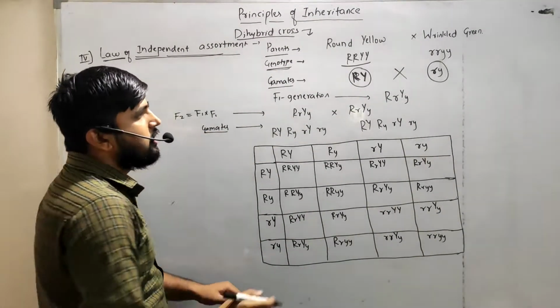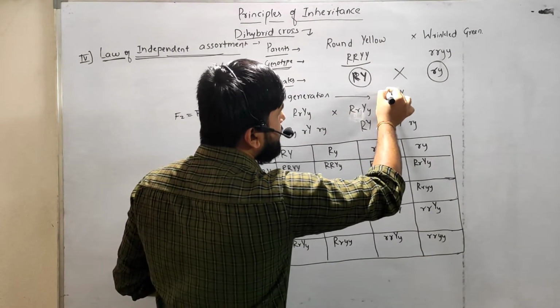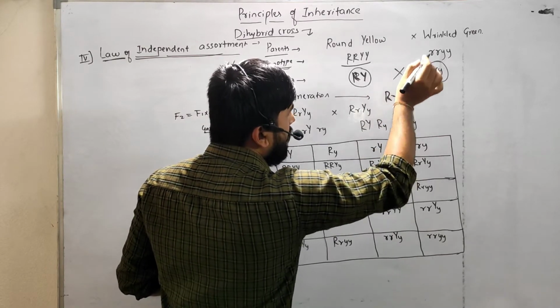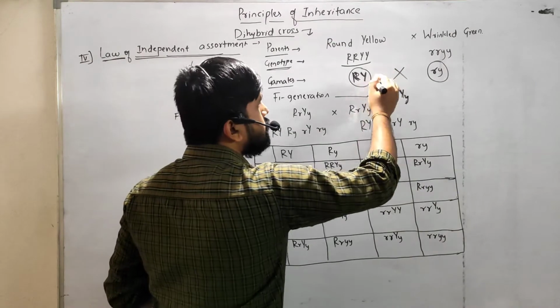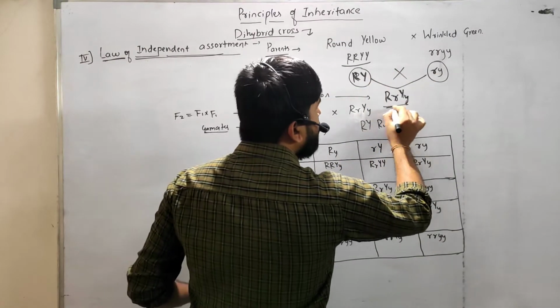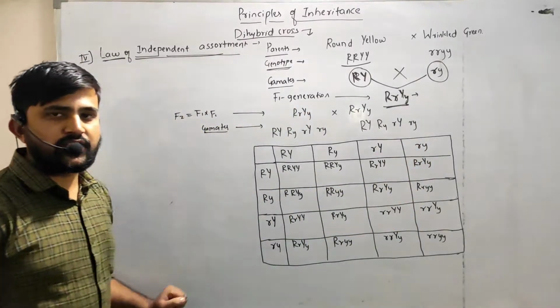it will give the F1 generation. In the F1 generation we get capital R, small r, capital Y, small y. So these two unite to form this one. What will be the phenotype of the F1 generation?